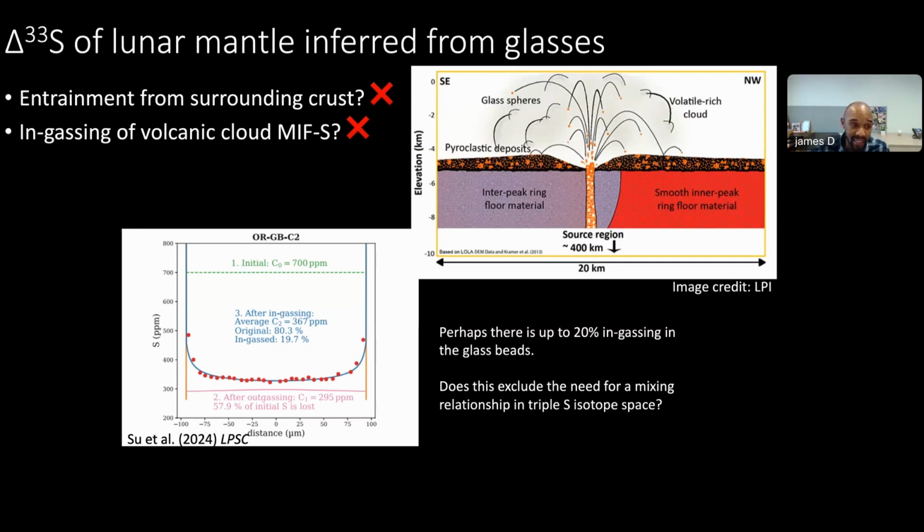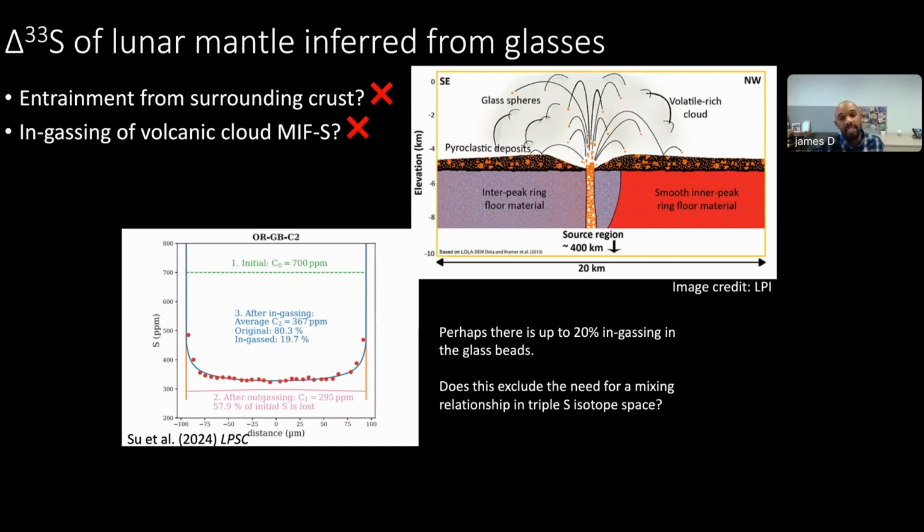And so there was an LPSC abstract that was recently presented, where there's an argument that there is actually ingassing of sulfur, which is a really unique finding for orange glass beads, where the idea is that there's possibly up to 20% ingassing of sulfur into the glass beads.